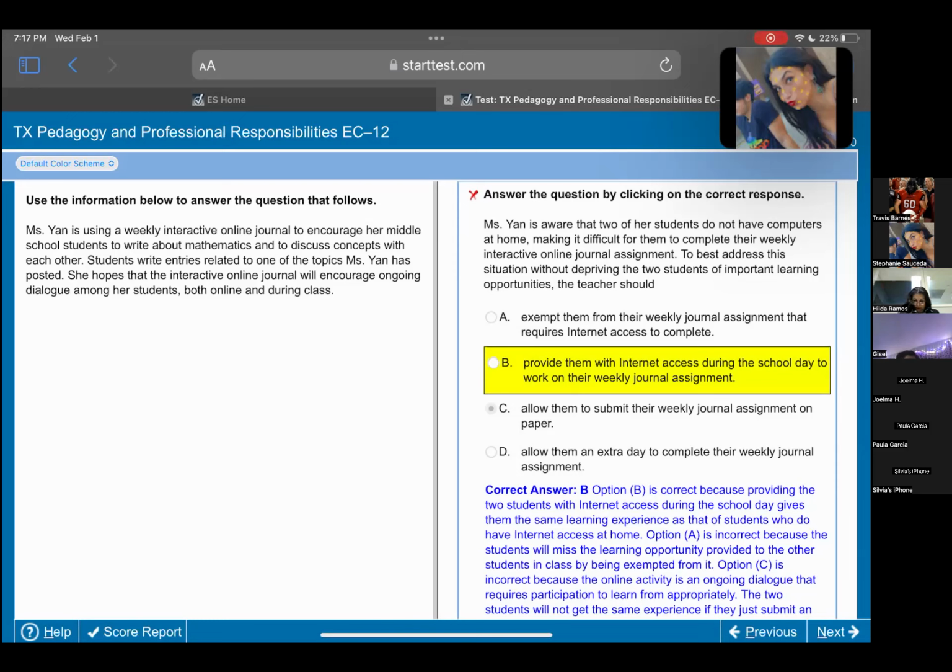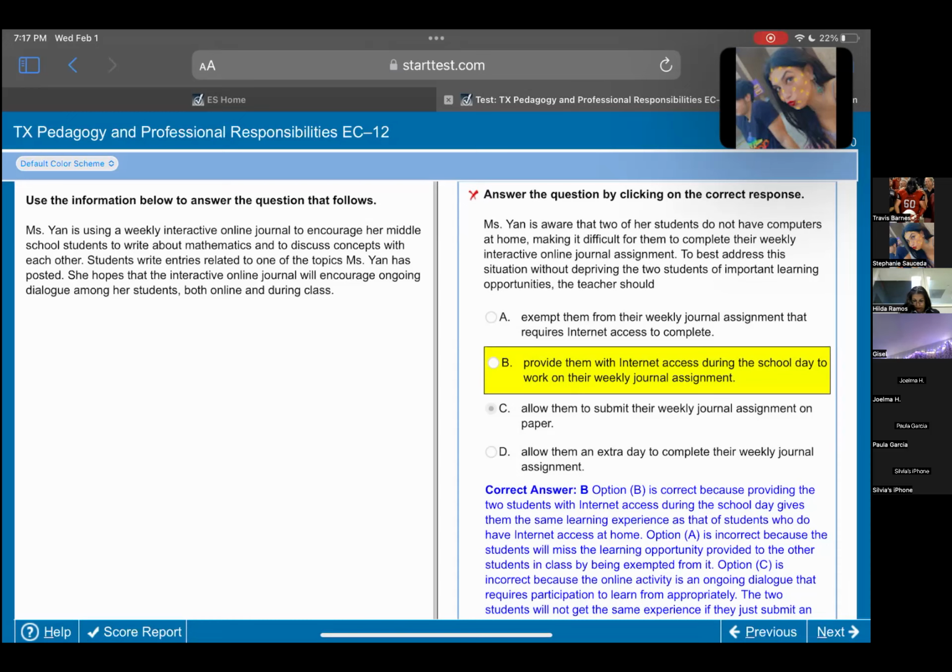She is doing a weekly interactive. Interactive means people are interacting with each other. It's online. We have middle school students. She is applying writing and math, having them write and discuss math concepts with each other related to one of these topics. And it is her hope that the students will continue to dialogue, discourse, talk amongst themselves, both online and during class about these math concepts.